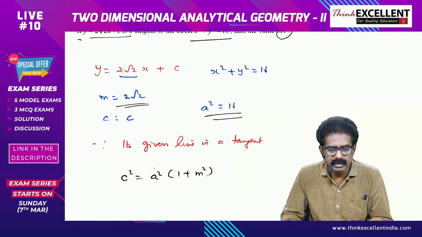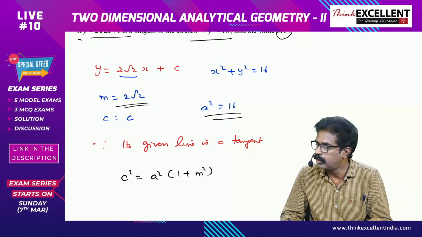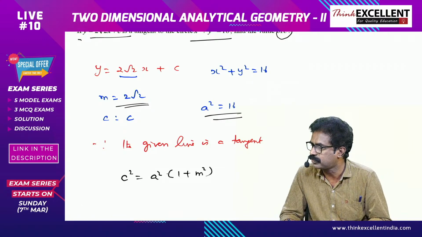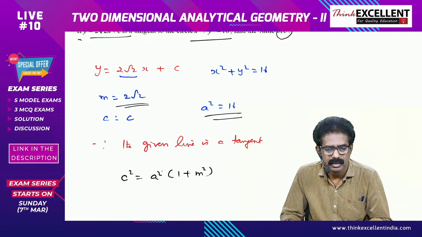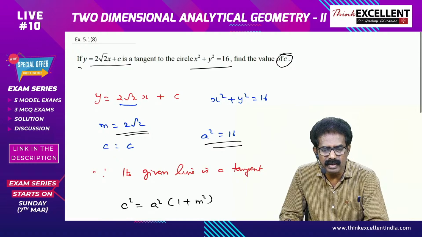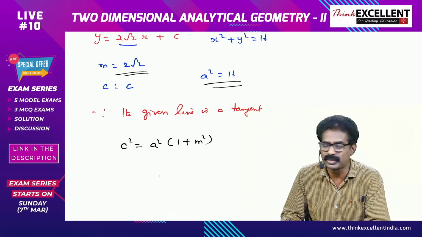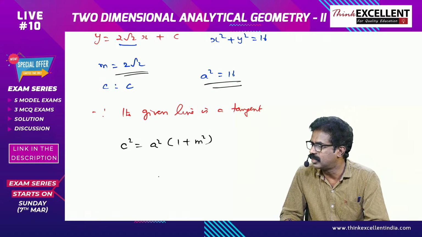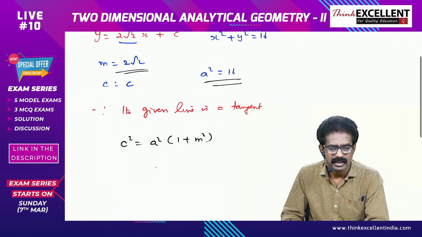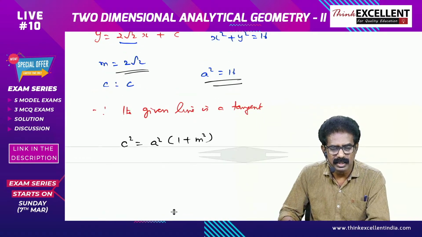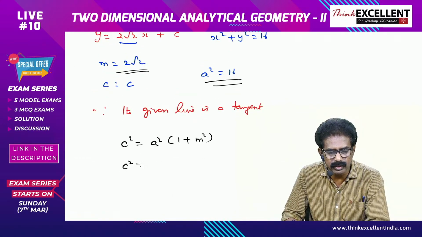C square is equal to a square into 1 plus m square. The question says find the value of c, but if you get more than one value you write. So it is plus or minus 12. Listen, c square is equal to a square 16, 1 plus m square.